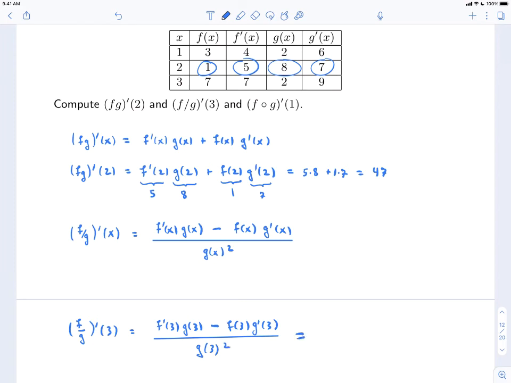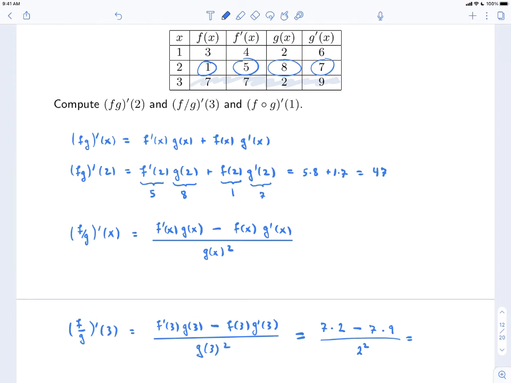Now when x equals 3, that's this bottom row. So we want f prime at 3, that's 7, times g at 3, that's 2, minus f at 3 is 7, times g prime at 3 is 9, and we're going to divide that by g at 3 quantity squared, so that's 2 squared.